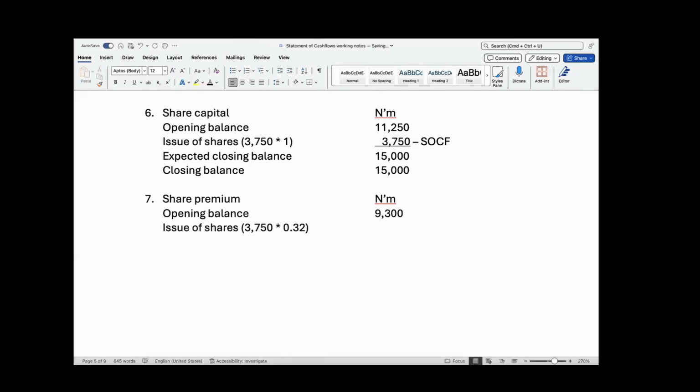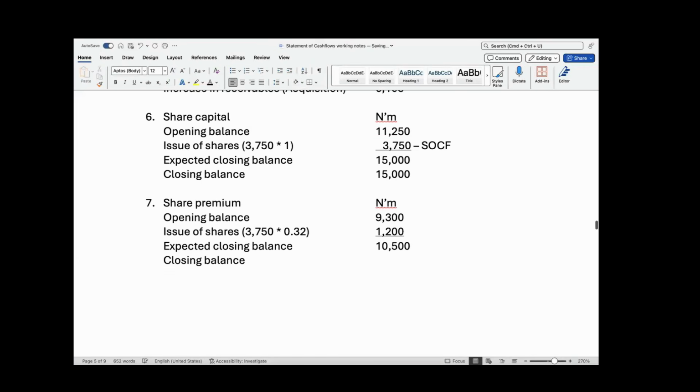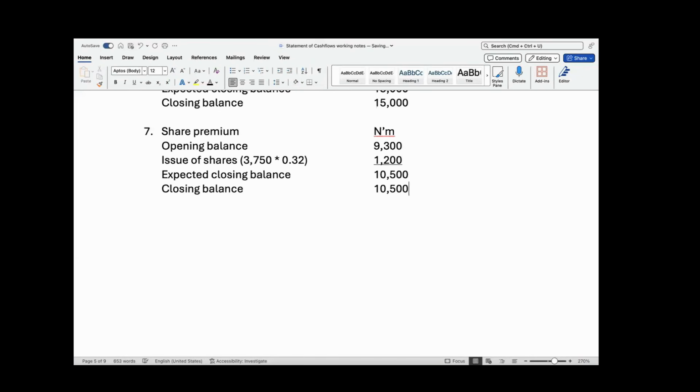So how much is that? 1,200. So what's my expected closing balance? 10,500. But what's the closing balance in the books? 10,500. Good. So that one is done and dusted. I know that this is what goes to my statement of cash flows.